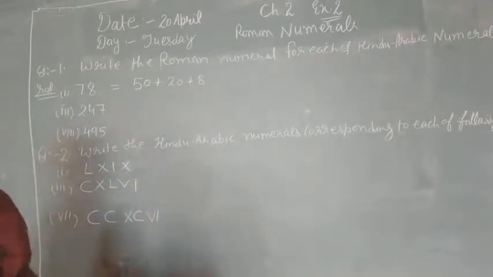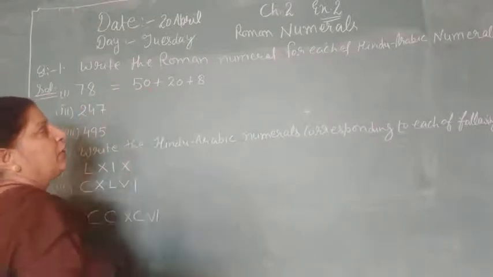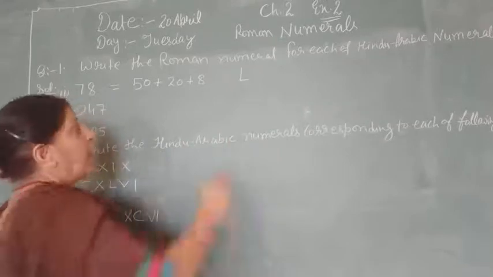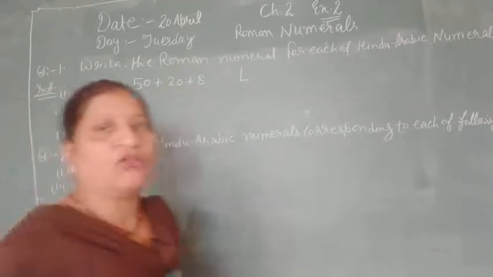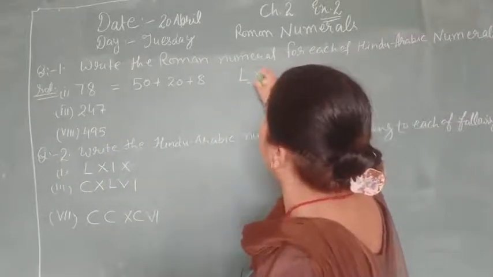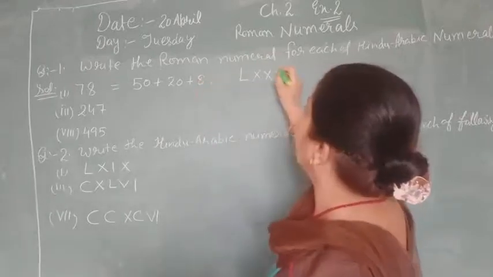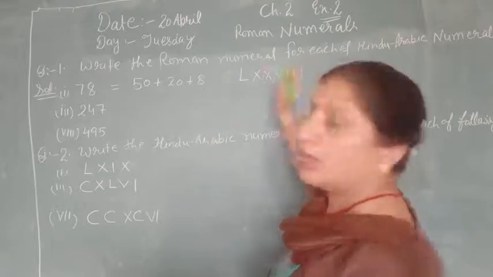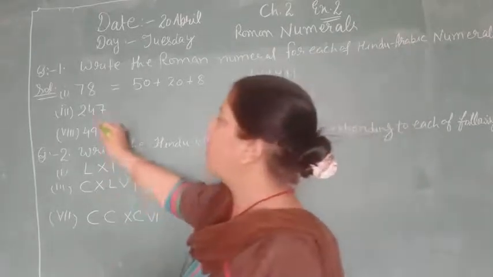Now we know that for 50 we use the letter L, and 20 is the combination of 2 times X. So we write here X and X. For 8 we write V, I and I. Clear this one?